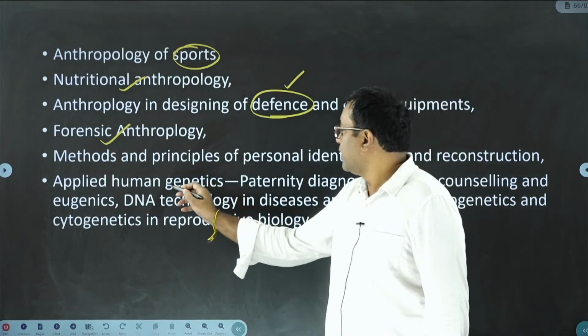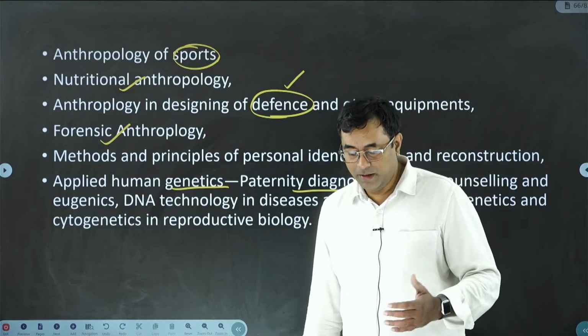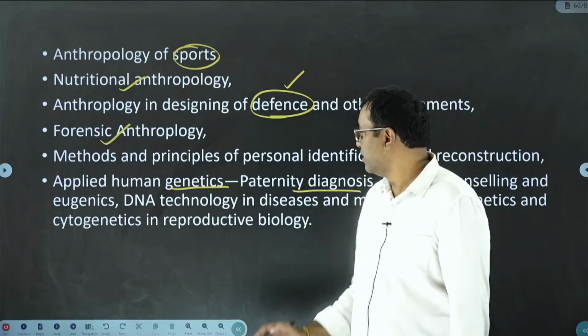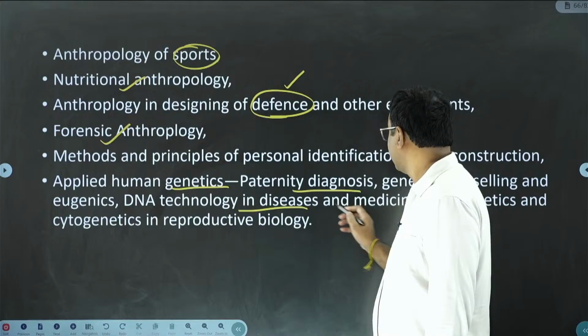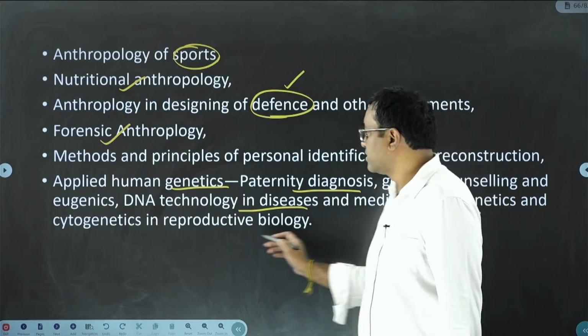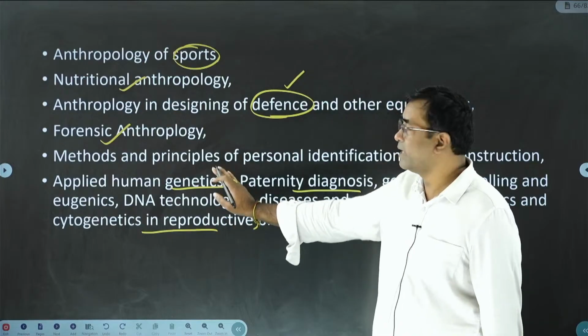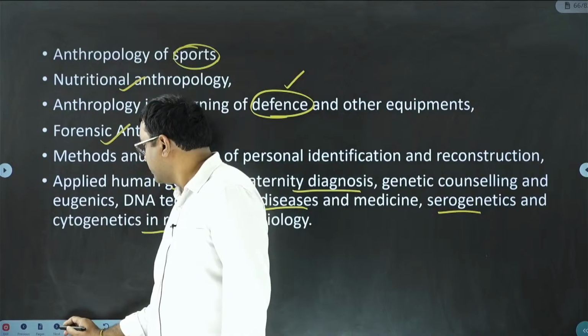Next, applied human genetics: paternity diagnosis, where we can find the real father and real mother with the help of human genetics. Then DNA technology in diseases and medicine, and serogenetics and cytogenetics in reproductive biology. All these are different types of applications related to anthropology. These are some of the points you need to remember.